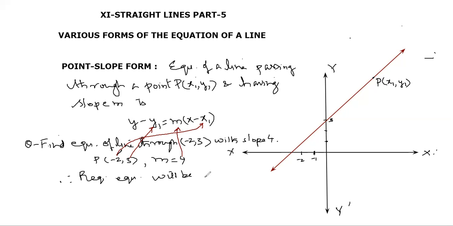So the equation will be y minus 3 equals 4 times x minus (-2), so y minus 3 is equal to 4x plus 8.